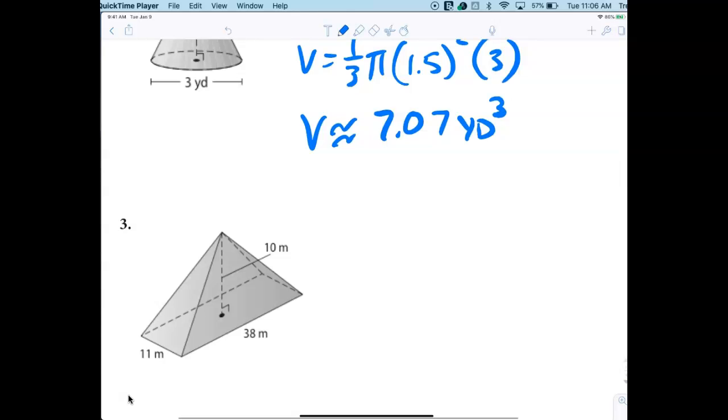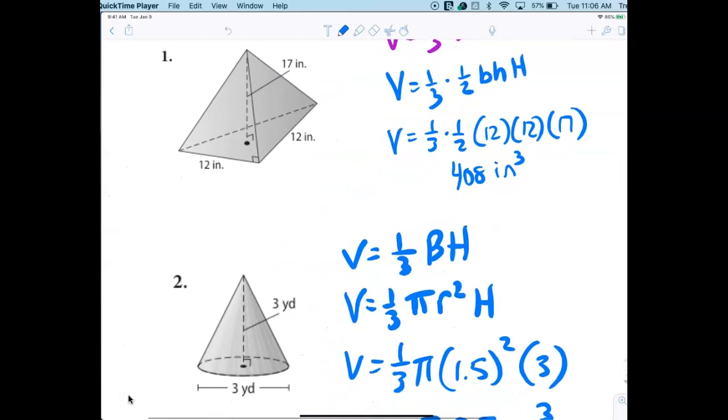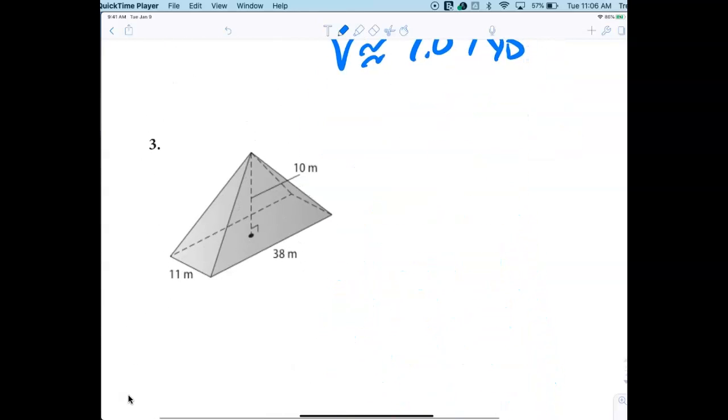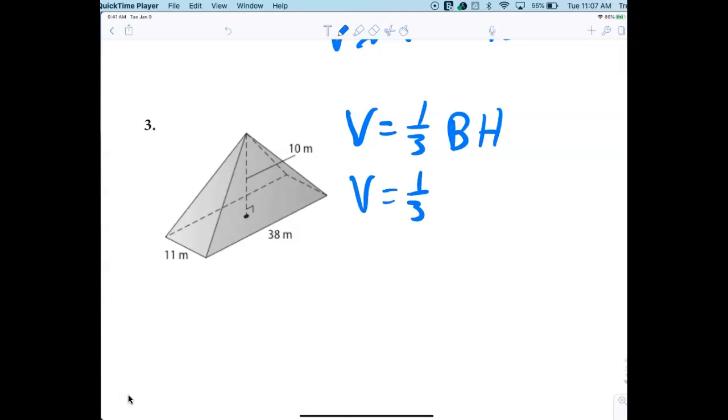I thought you tried number 1. So let's let someone else try number 3. Go. So volume equals what? Good.